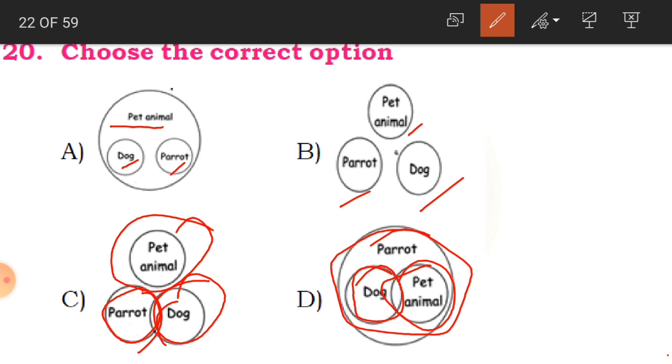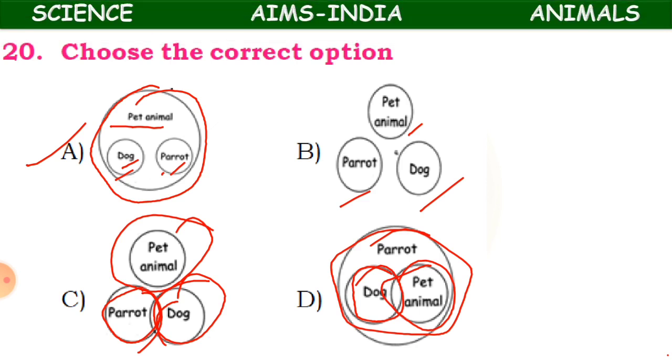Is it true, children? No. So the correct option is A, where we are saying that under pet animal we have dog and parrot. Is it clear? Yes.